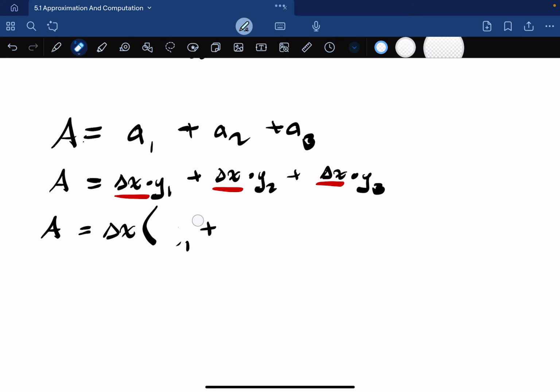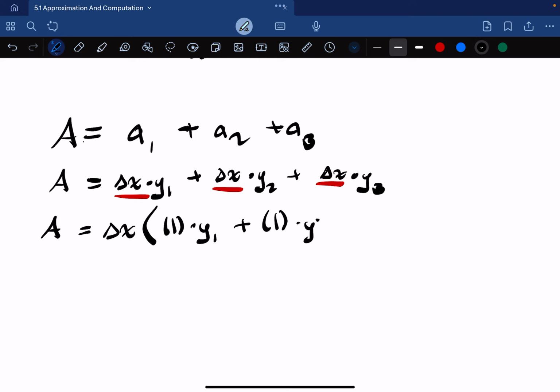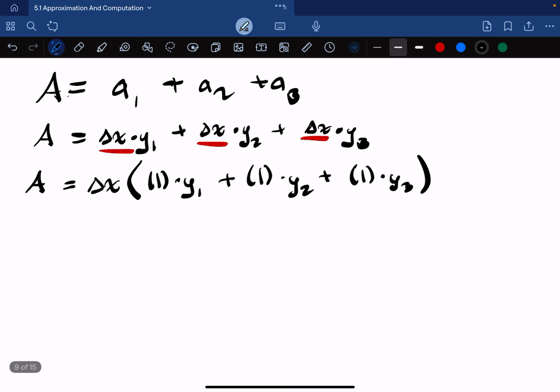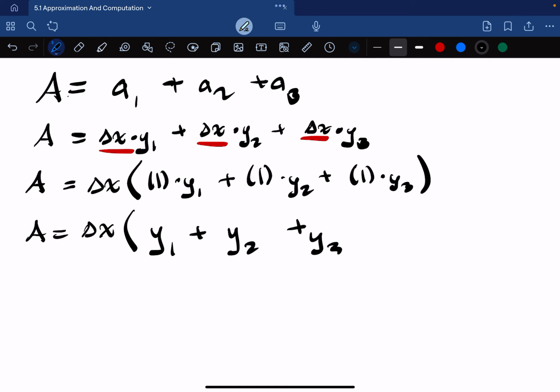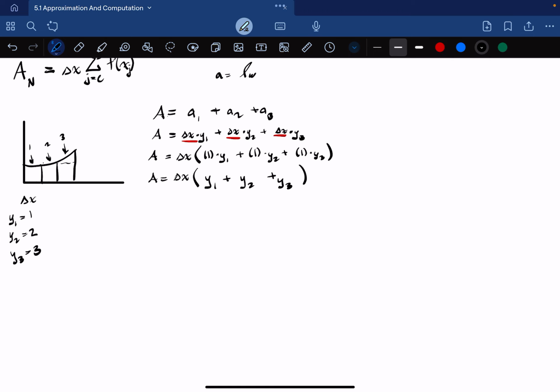So what you end up with is delta x times 1 times y1 plus 1 times y2 plus 1 times y3. And then if you get rid of all the ones because they don't really change anything, you end up with y1 plus y2 plus y3.